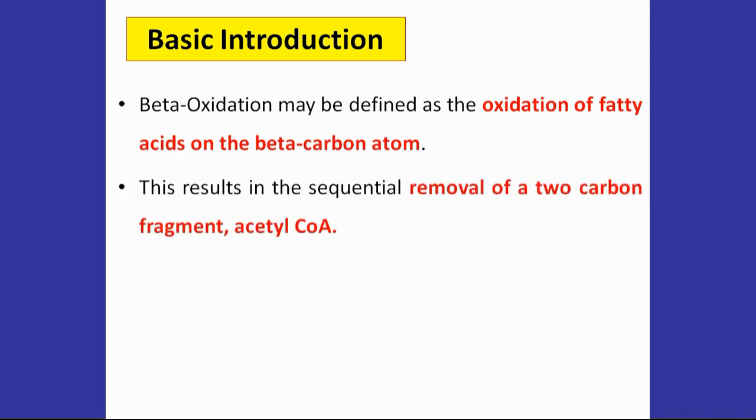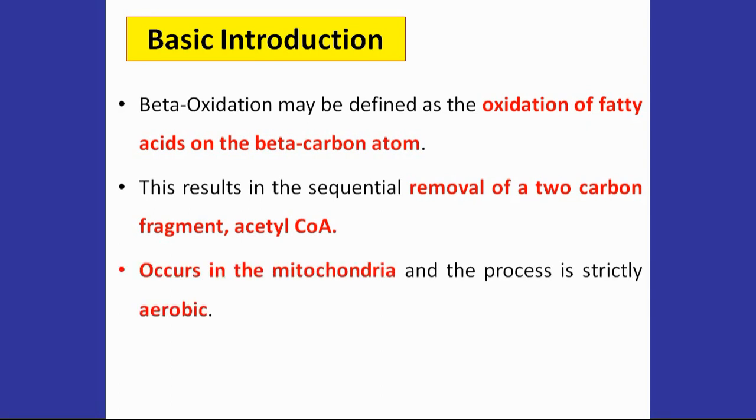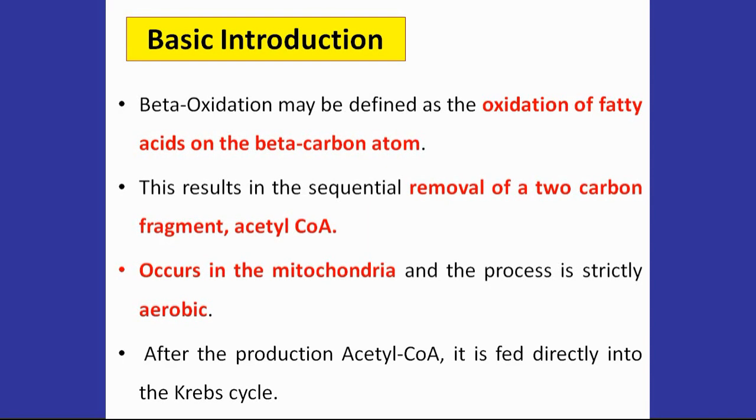This beta oxidation generally results in the sequential removal of two carbon fragments, acetyl CoA. This process is a completely aerobic process and it occurs in the mitochondria, and after the production of the acetyl CoA, it is directly fed into the Krebs cycle for further processing.